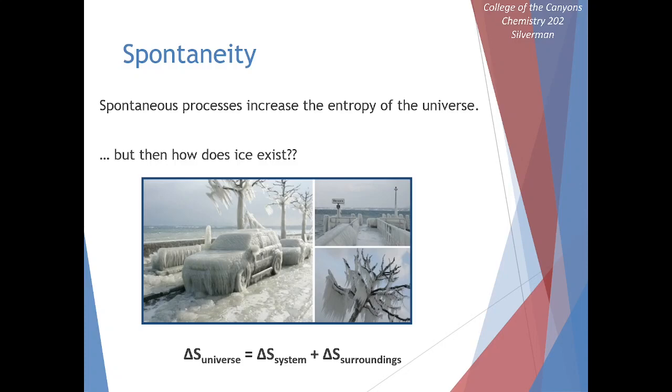Ice is going to form when water freezes, which is going to decrease the entropy of our water. If this process decreases the entropy of the water, how does it occur spontaneously? Well, it occurs spontaneously at low temperatures, and because we have to care about more than just our system, we also have to consider the surroundings, because spontaneity is based on the entropy of the entire universe increasing, not just our system.